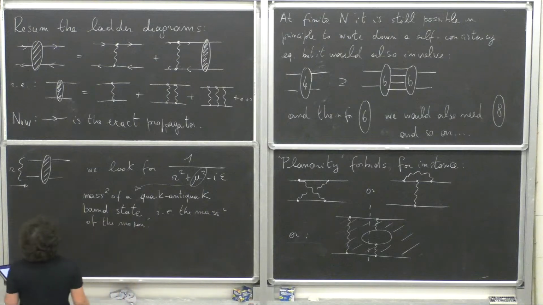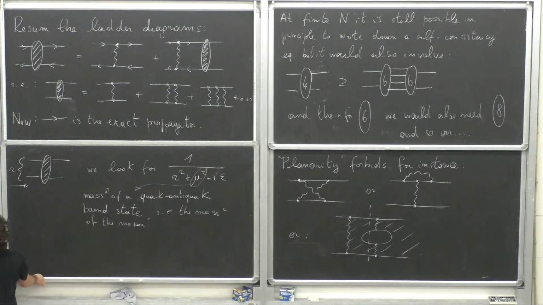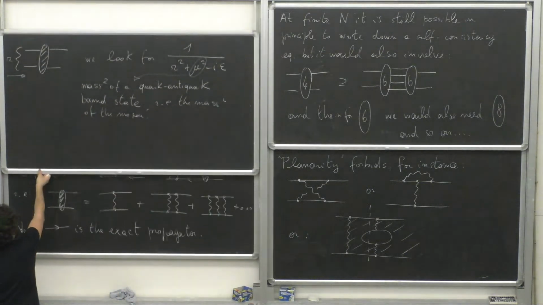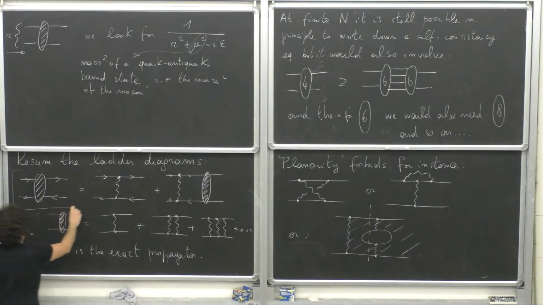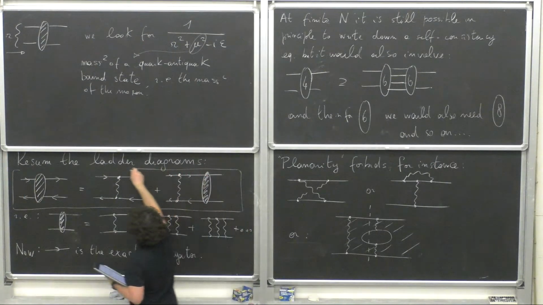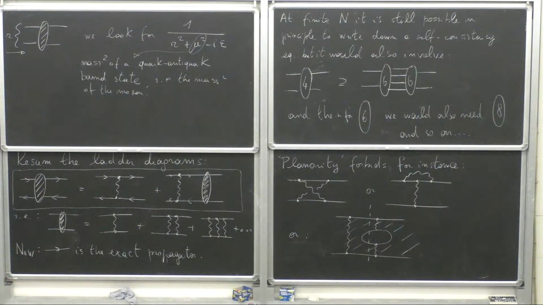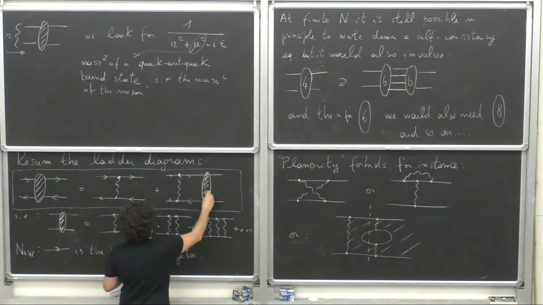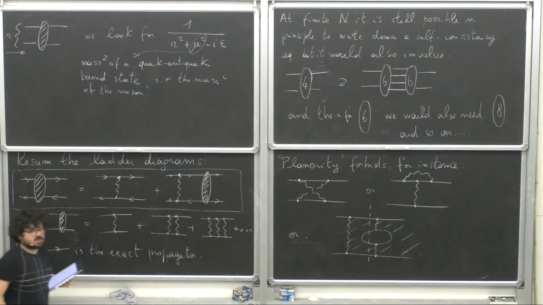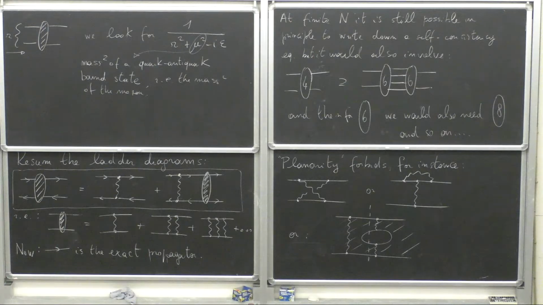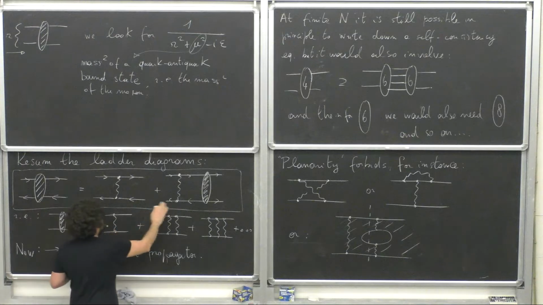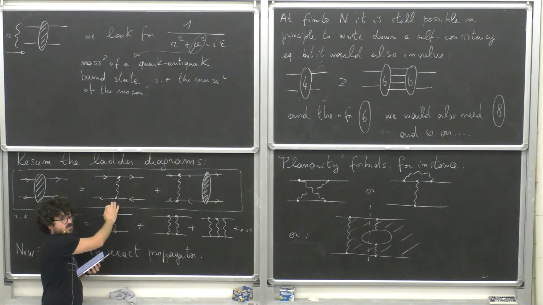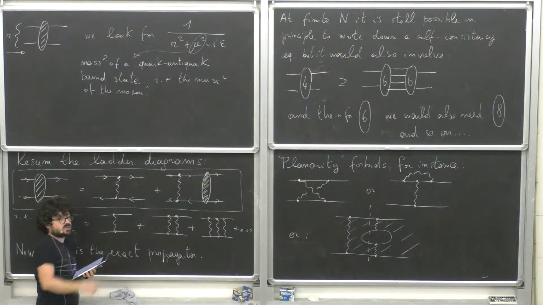We can already anticipate that what we want to find is a pole. As it stands, you can understand this as a linear equation for the gray bubble, with an inhomogeneous term: there is a source, which is the tree-level exchange.